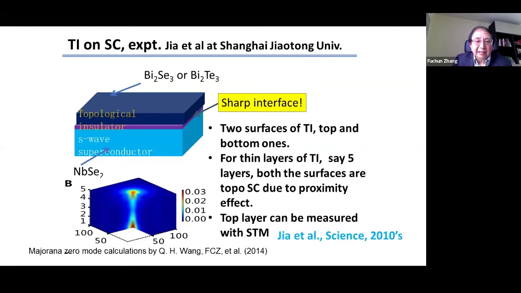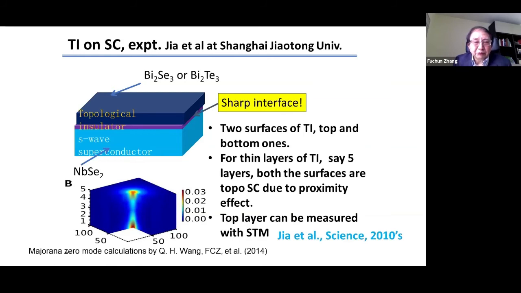Because they share the Se element, they match pretty well. The topological insulator they use is a few layers, say 5 layers. And if the proximity effect is large enough, then both the top layer and the bottom layer of the topological insulator will be superconducting.